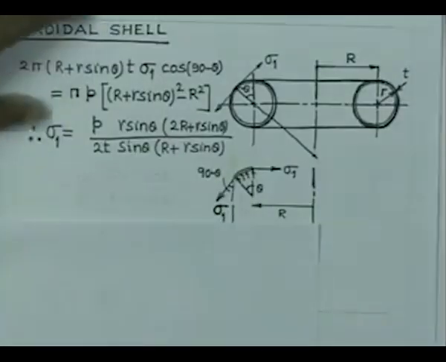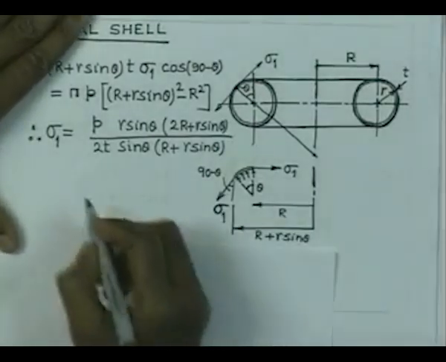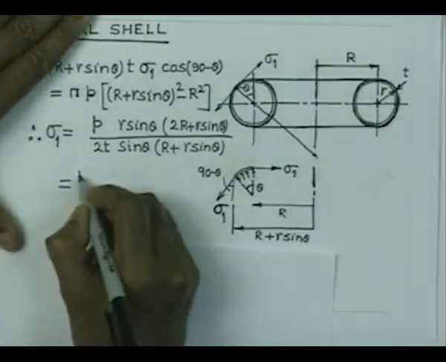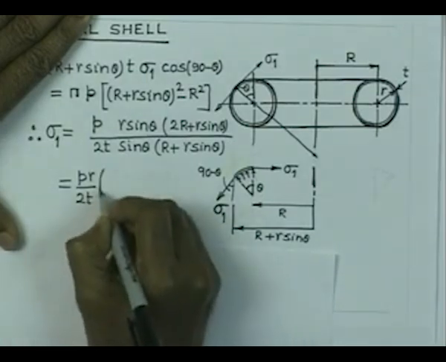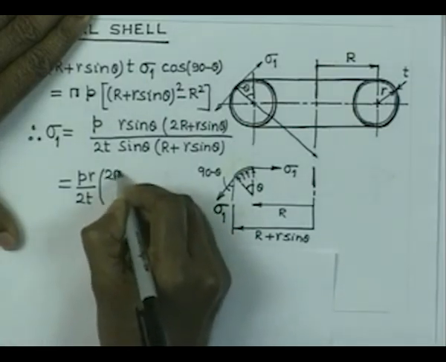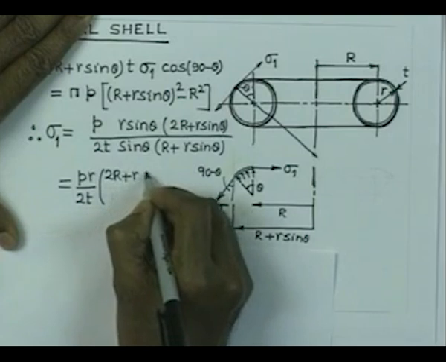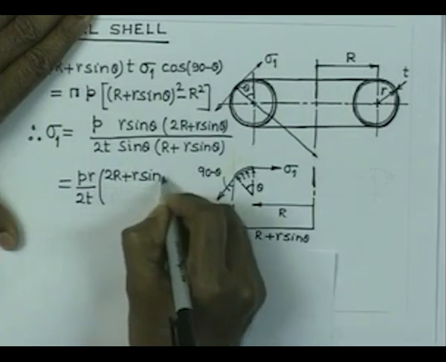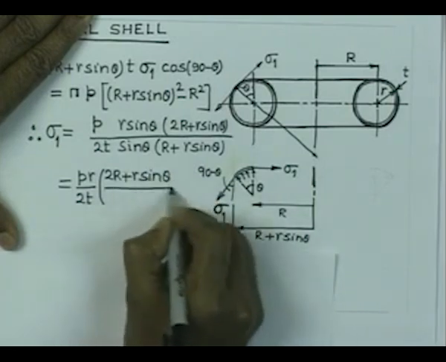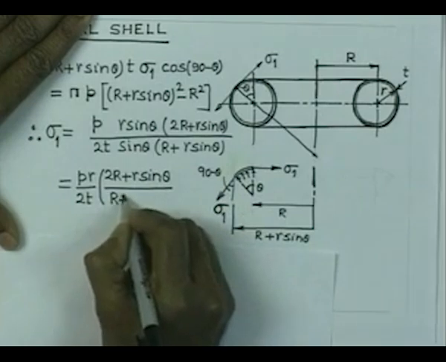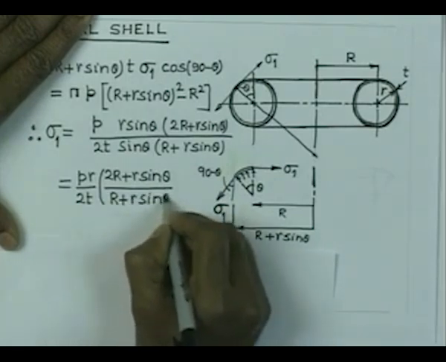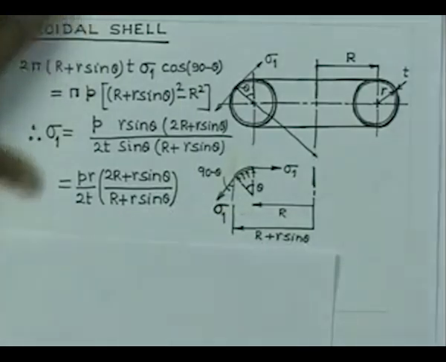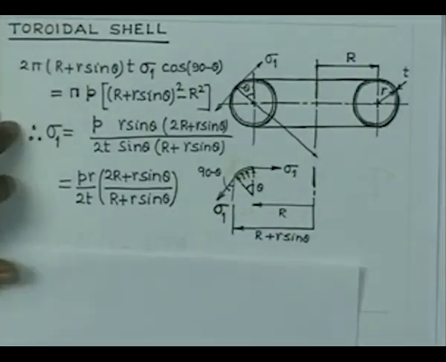That is the stress, and once you simplify this, it becomes P R by 2 T into (2 R plus R sin theta) by (R plus R sin theta). That is the value.